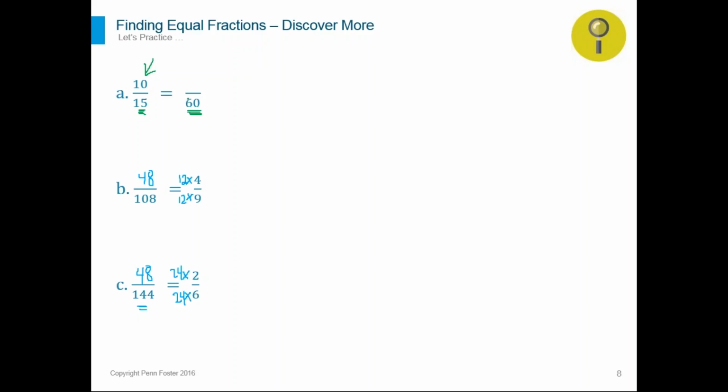Or if you're not sure, use the calculator. 60 divided by 15 will give you the 4. So times 4 and times 4: 15 times 4, of course, gives you 60, and then 10 times 4 will give you 40. And that's why I decided 4 is the right factor to use. I hope I answered your question.